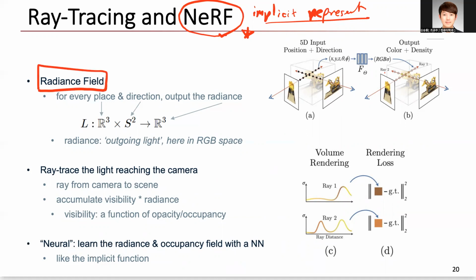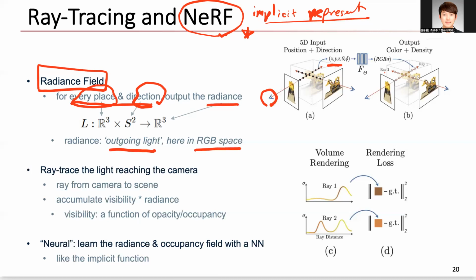They call it the radiance field, which means taking every place, in this case xyz position information, with the direction, I mean the viewing direction like this. Then we want to design a mapping function that generates the output radiance. Radiance means outgoing light, in this case in RGB space.